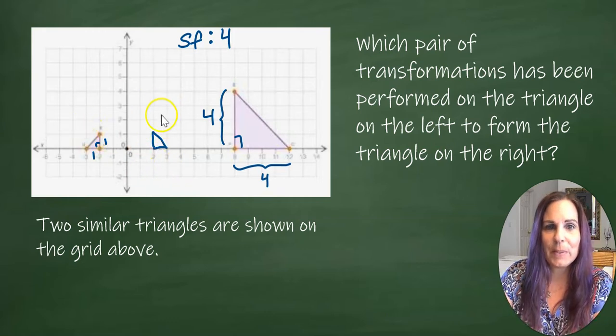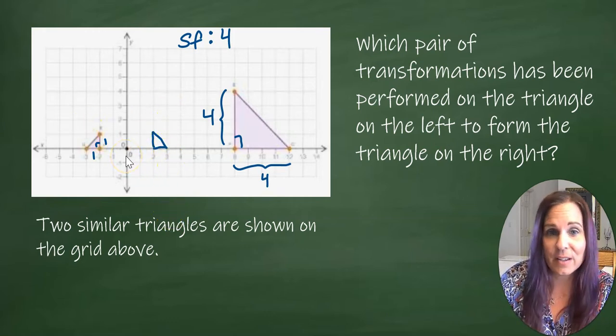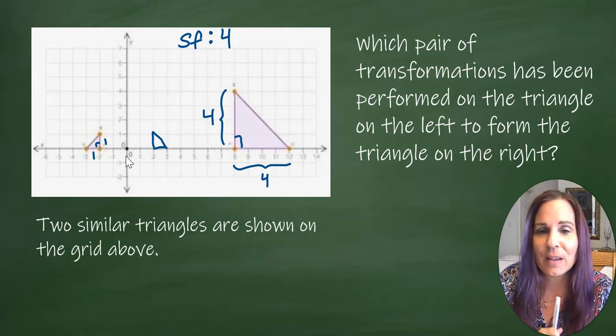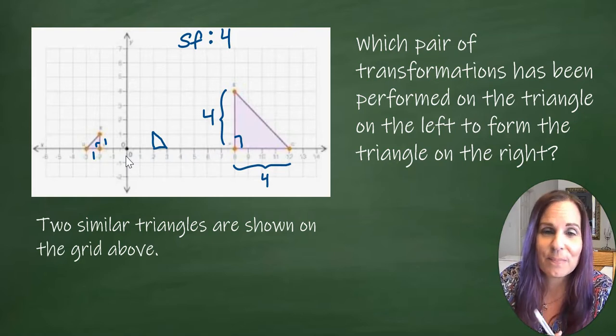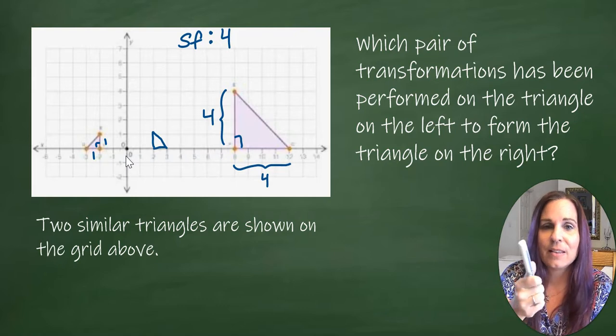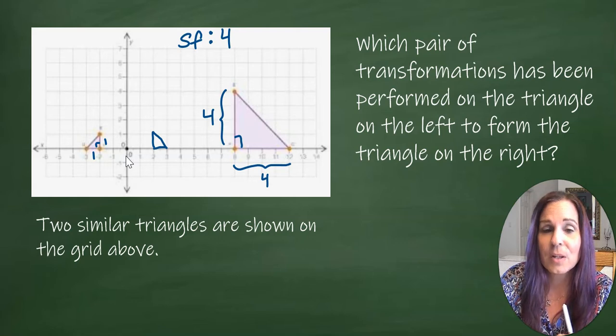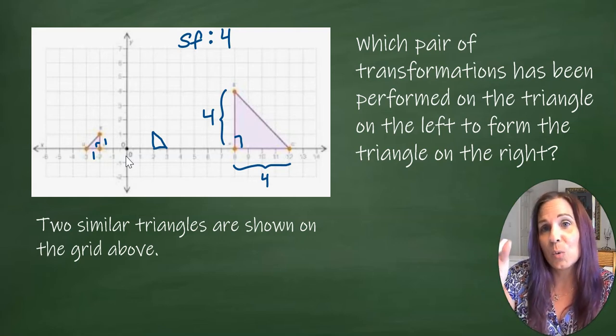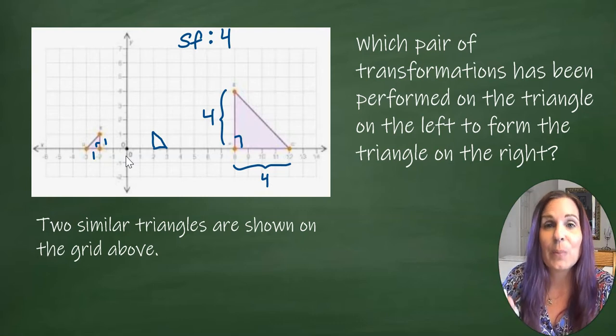If we were to flip it over the y-axis and do nothing else, that's where the triangle would be. So now you might be thinking, oh, so a translation, right? But that's the thing about dilations. When you dilate something from the origin, 0, 0, then what you're doing is you're scaling not only the length of the side, but you're scaling the distance to the figure. So let me show you what I mean.